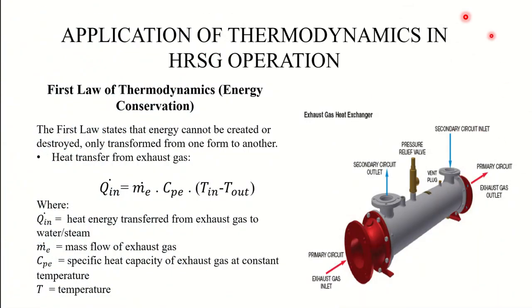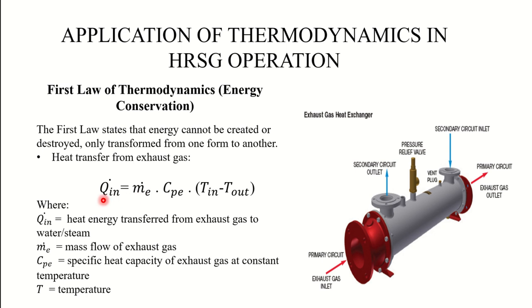Now, let's look at the application of thermodynamic theory in HRSG operation. First, the first law of thermodynamics, which is also known as the energy conservation law. The first law states that energy cannot be created or destroyed, only transformed from one form to another. Heat transfer from exhaust gas: we have an equation here.